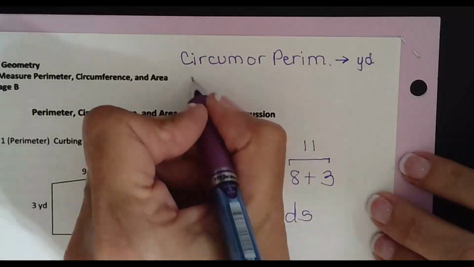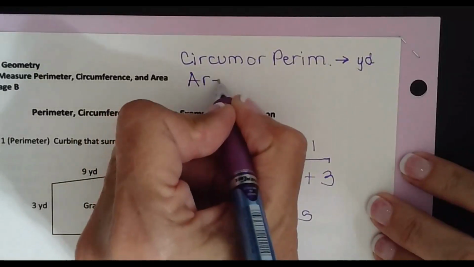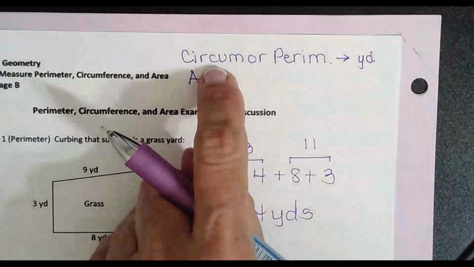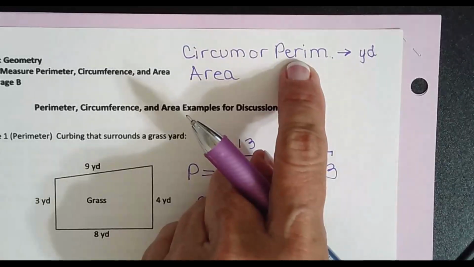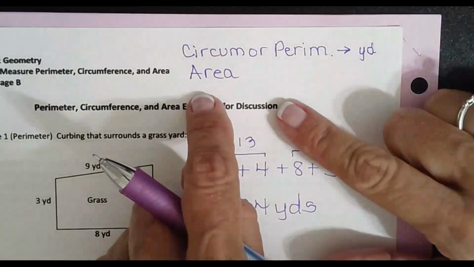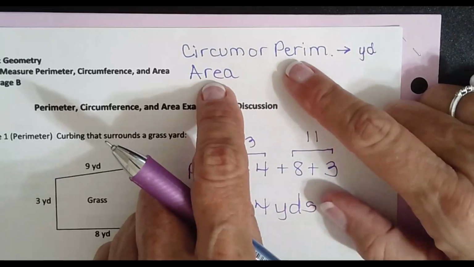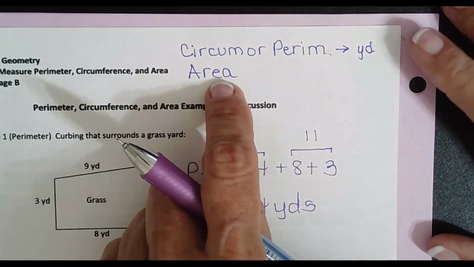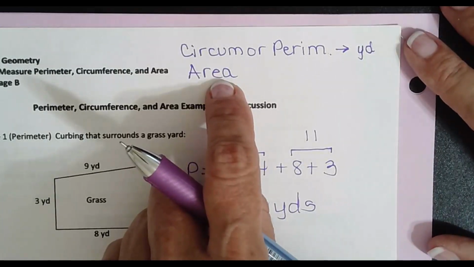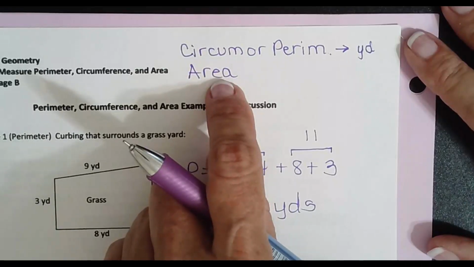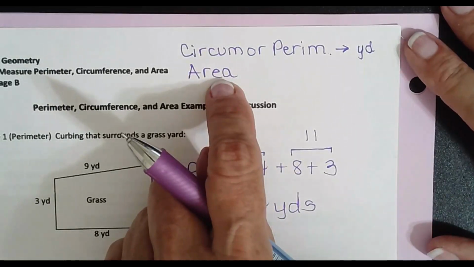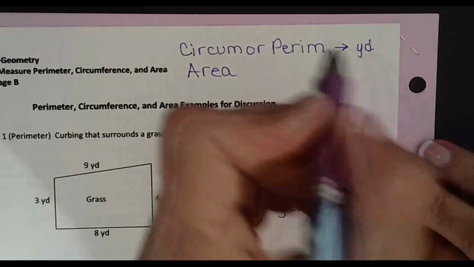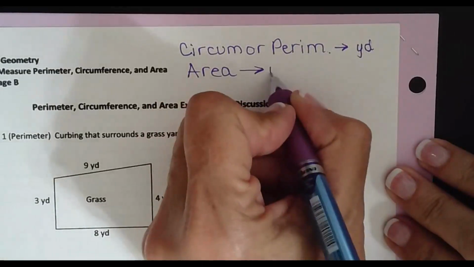So circumference is the distance around the outside of a circle. Perimeter is the distance around the outside. Area would be like, so if perimeter is baseboard, area would be like tiling your room or laying carpet in your room. How much area do you have in that room? So area is length times width when we're doing a rectangle. But for area, the units are always squared.